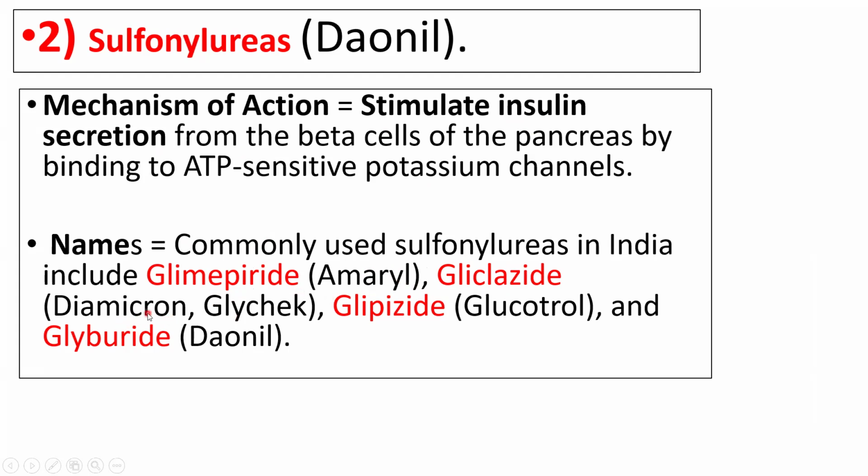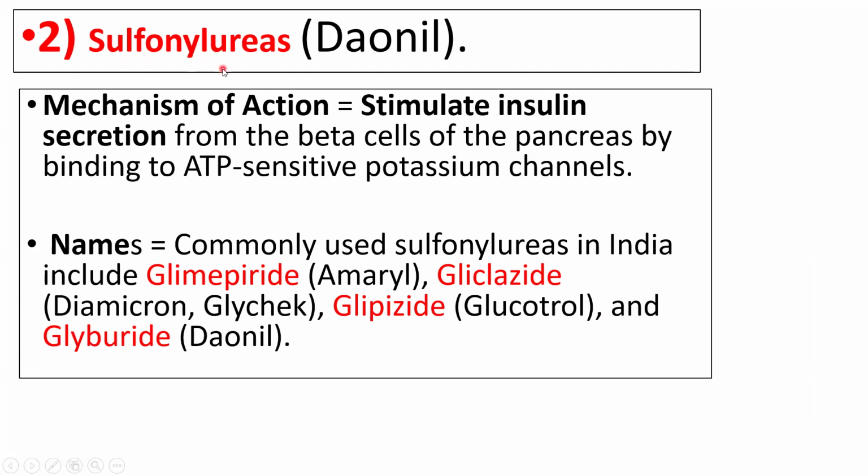Amaryl popular, Diamicron popular, and Daonil is popular. Then Glipizide is also popular. Glipizide, that is Glucotrol. That means glucose controlling. So Glucotrol. There are different names, you remember this Glipizide. So glimepiride, gliclazide, glipizide, and glyburide are all sulfonylureas.